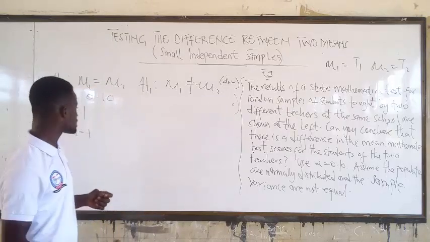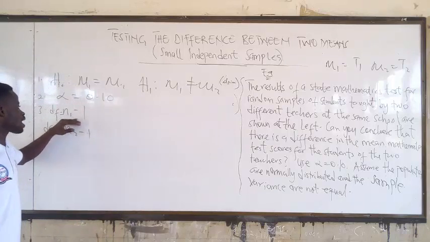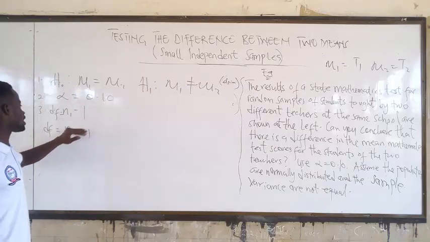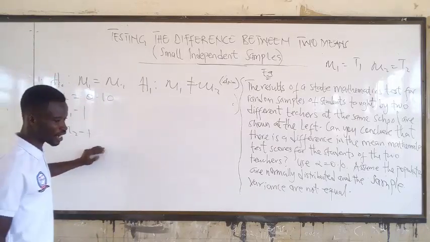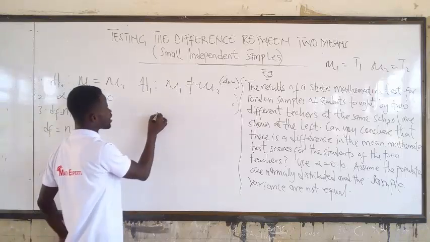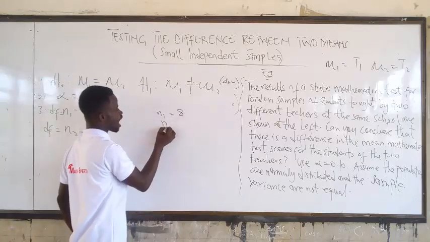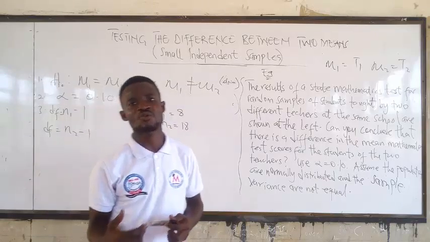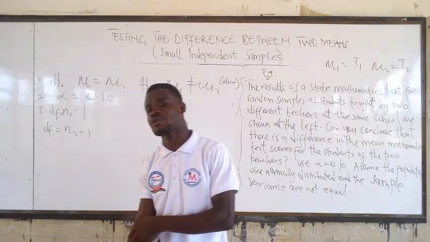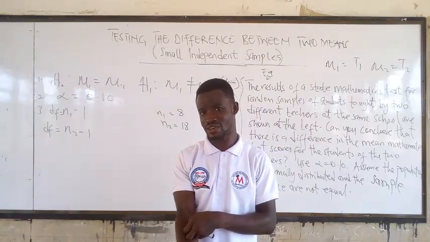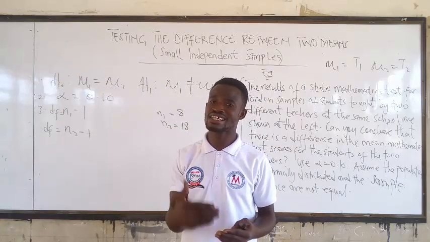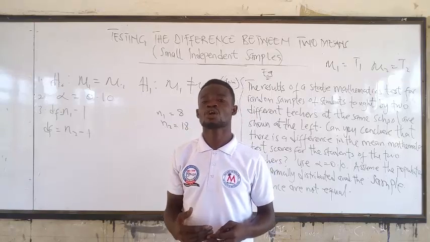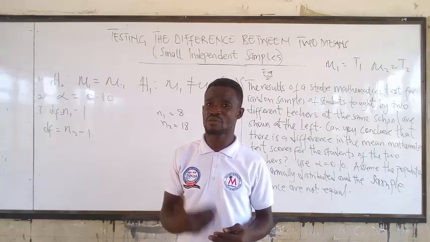So we have n1 minus 1 and n2 minus 1. So we identify our n1, which is 8, our n2, which is 18. Good. And we know that the sample size is less than what? 30. So if the sample size is less than 30, that means that we are using the t-test.